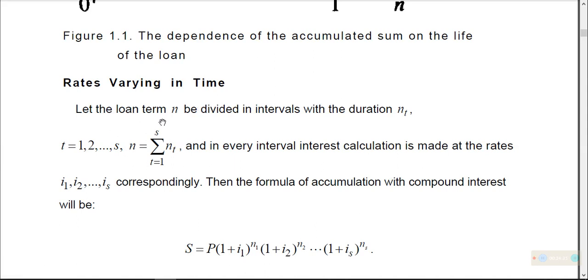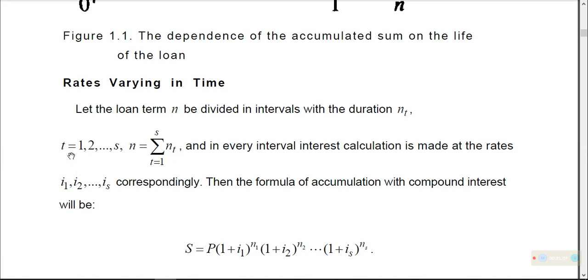So, let the loan term N be divided in intervals with the duration N sub T. Ito na naman tayo, yung isa-subdivide natin siya. For example, the term will last for 3 years, but it is compounded quarterly. So, meron kang apat na subdivision sa bawat isang taon for the duration of 3 years. We are going to consider this formula.